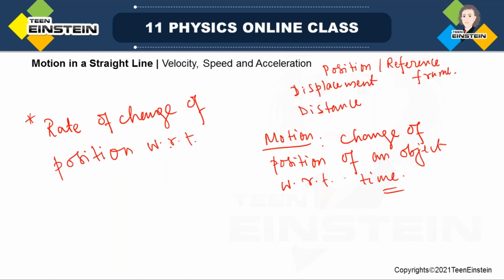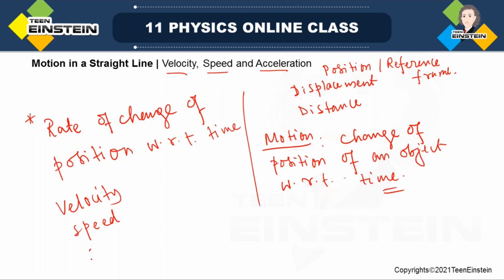So today we'll be discussing this, and to know this rate of change of position with respect to time, in physics we had to define three parameters, which are velocity, then speed, and acceleration. These are the topics for discussion today in this class.